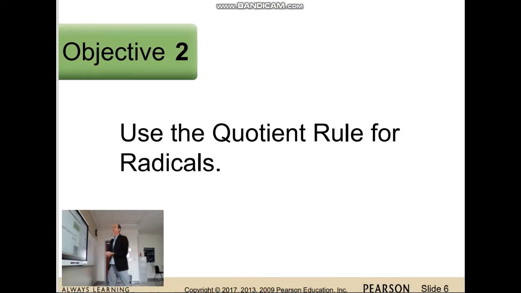Let's go to the next objective. Objective number 2, use the quotient rule for radicals.